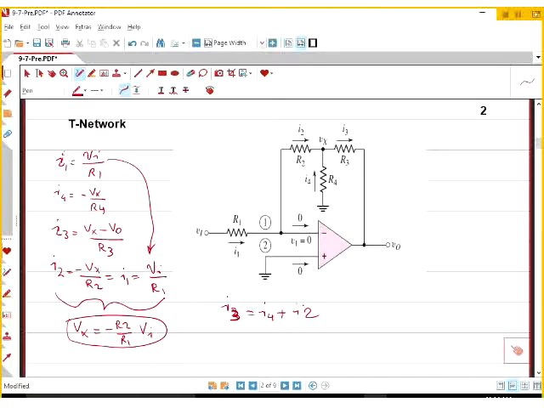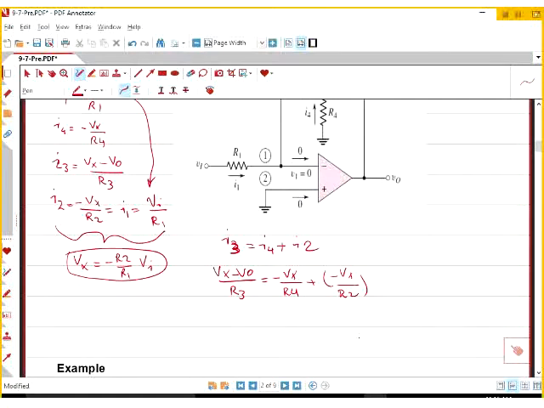If you just replace those terms, you're going to have Vx minus Vo divided by R3 equals minus Vx divided by R4, that's your I4, minus Vx divided by R2, and that's your I2.